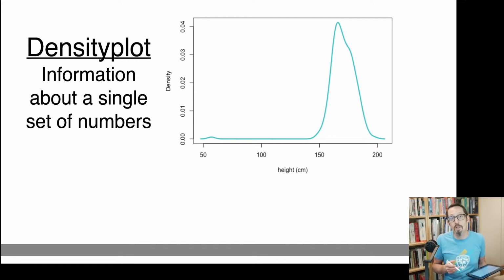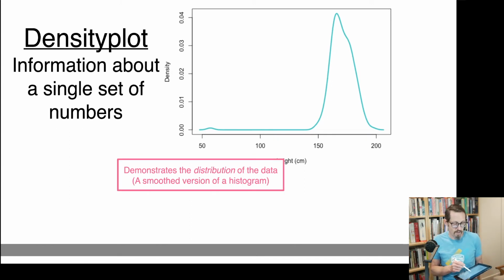So by smoothing away that jaggedness, we're making an implicit assumption that there's an underlying smooth distribution of all 375 million Americans, or whatever the data set's supposed to represent. So that's what a density plot does. It smooths the histogram.